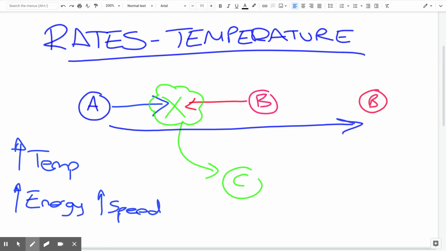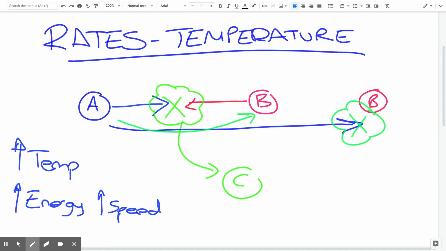But if we increase the temperature of the particles and allowed A to move faster, then A could have come into contact with 2 lots of B, because it could have covered more ground. So it could have collided with the first particle of B, not necessarily reacted, because remember, this is a probability of a reaction occurring.